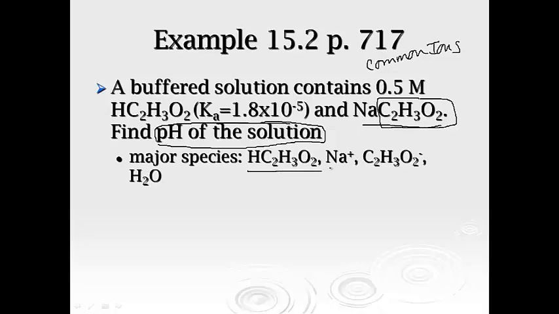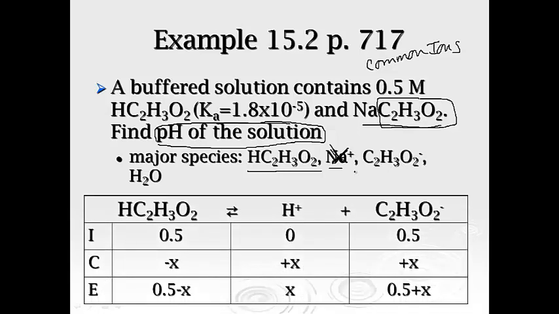So we've got our acetic acid, and our sodium, which really is not going to have much influence on anything. One, because it's always soluble. Two, because it comes from such a strong base, it's so weak that it doesn't have any influence on pH. So our main focus here is going to be the acetic acid and the acetate ion.